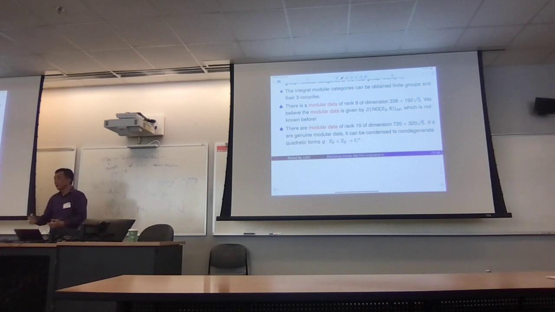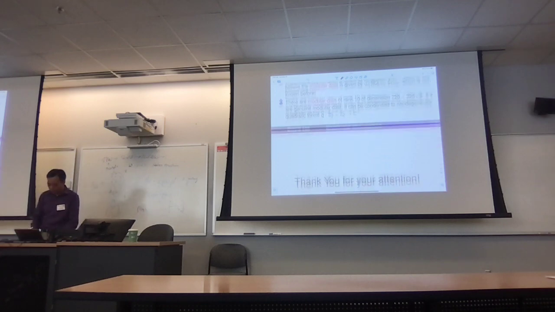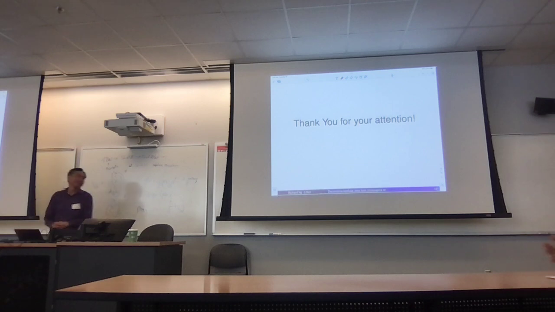Whatever it means, you can condense it to the so-called pointed modular tensor category, which is something coming from a lattice, let's say. And then only two possible forms show up, which is either the free fermion, I use a technical term, or the other one is the double of semion. So at this point, I close my talk. Thank you for your attention.